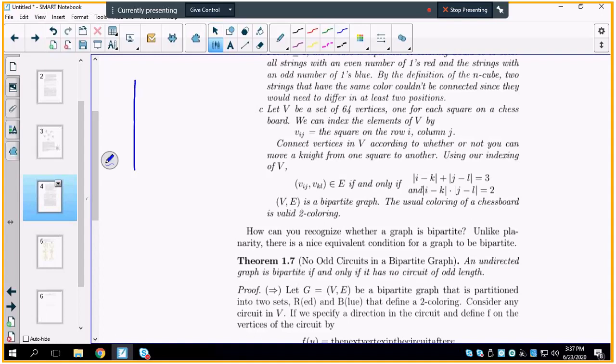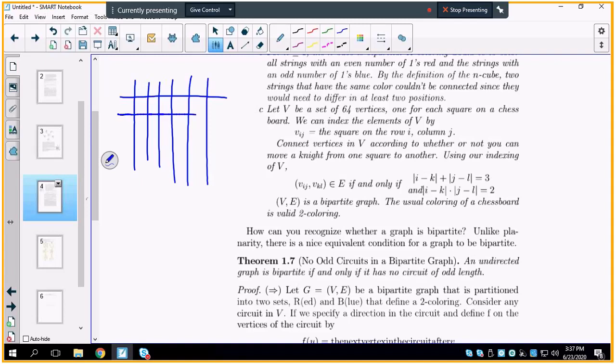I'm not going to draw the full chessboard, but we'll draw a few squares, say, and let's say our chessboard is colored like so.